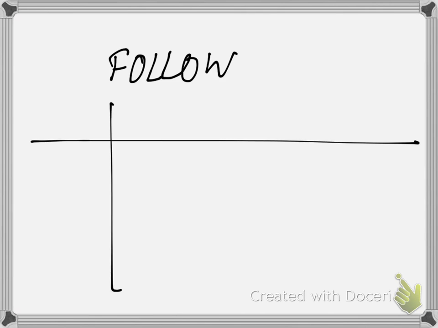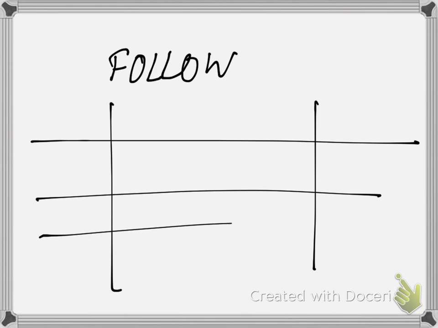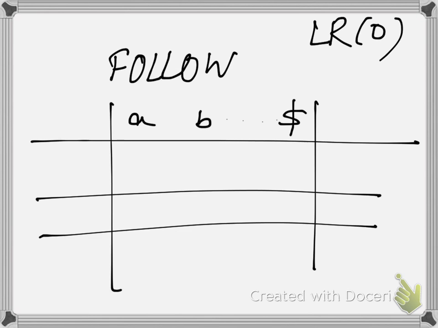In the parsing table, if you remember, when I have a state like this, and here I have the terminal symbols, in LR0, whenever there was a reduce item, say in state 3, I would write reduce by production 2 in all the entries, for all the columns of all the terminal symbols. But in SLR we are not going to do that.